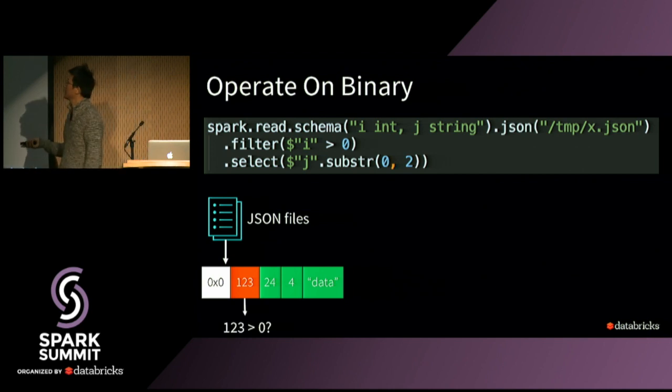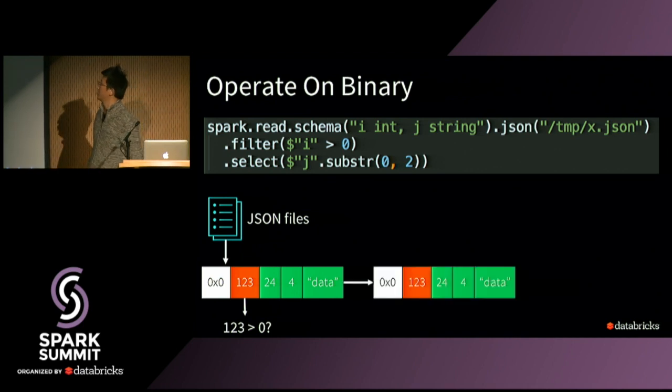Here we know that the column i is the first column and it's an int type, so we know where the int value is stored. We just address this value in this binary format and read it out, which is 123, and we compare it with 0. In this case it's greater than 0, so we pass this filter.